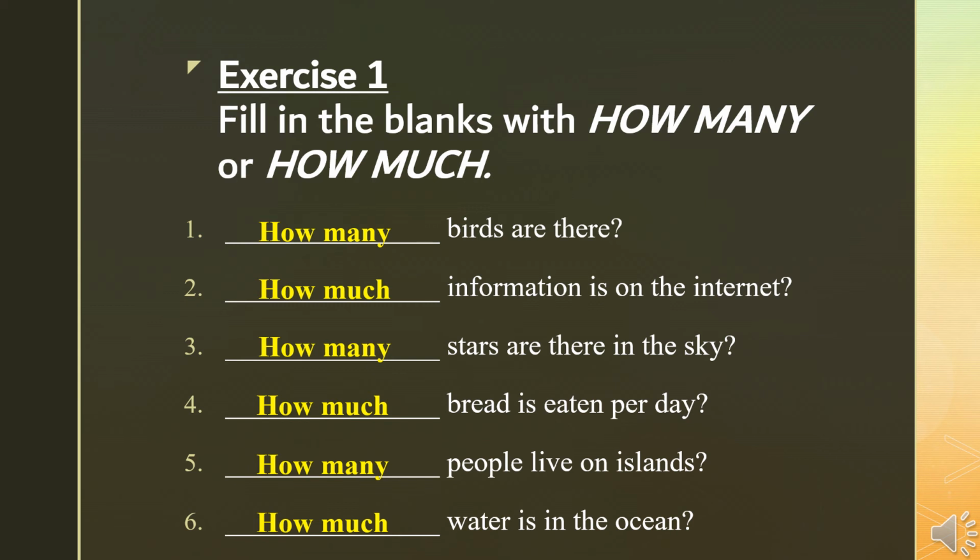For question 5, people. People is a countable noun, so we use how many. How many people live on islands? And for question 6, how much water is in the ocean? We use how much because water is an uncountable noun.